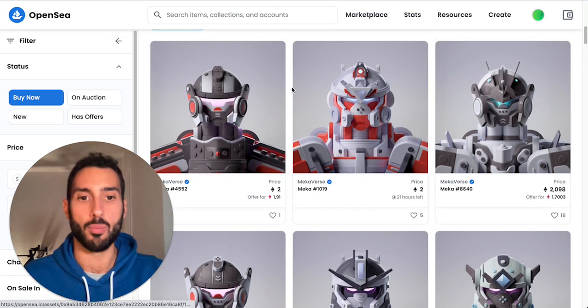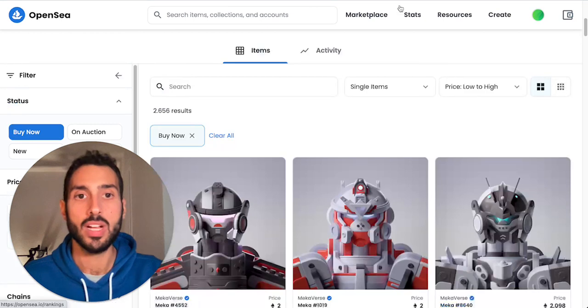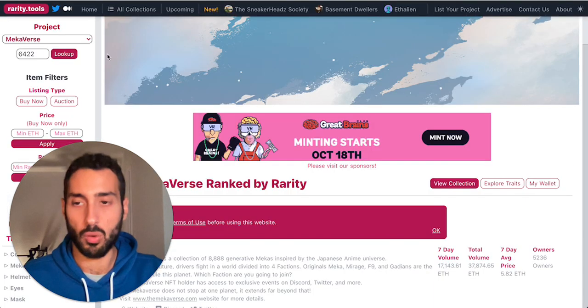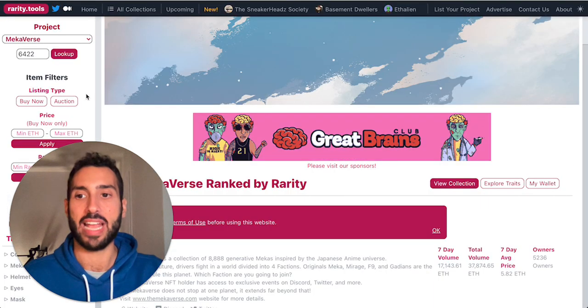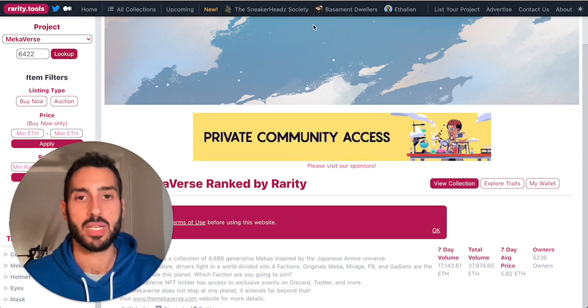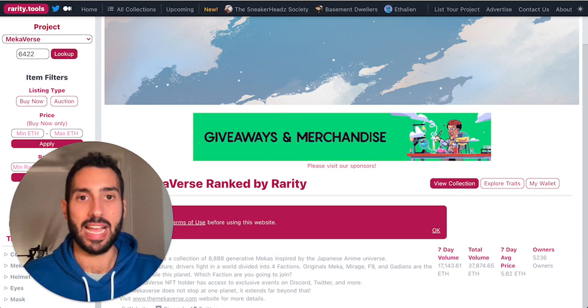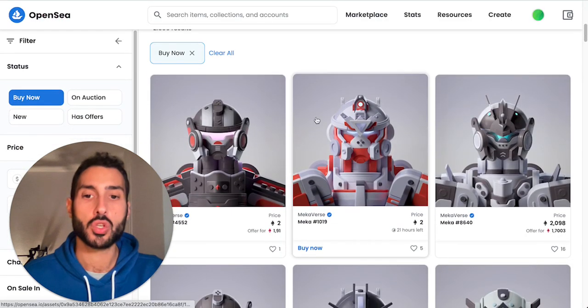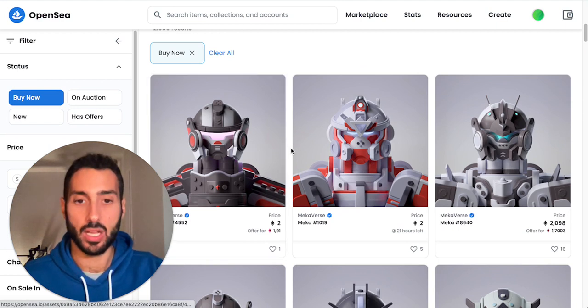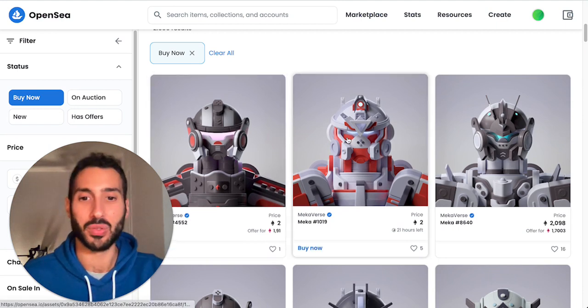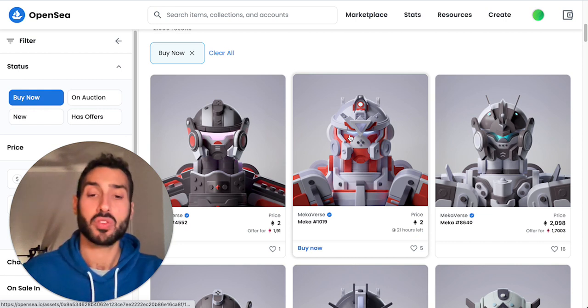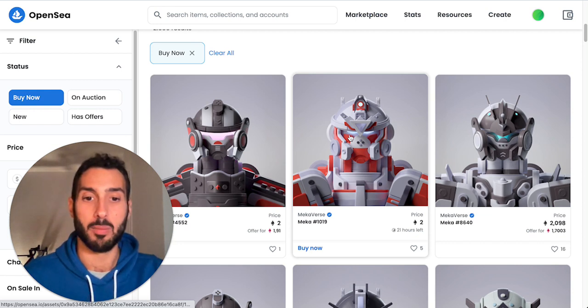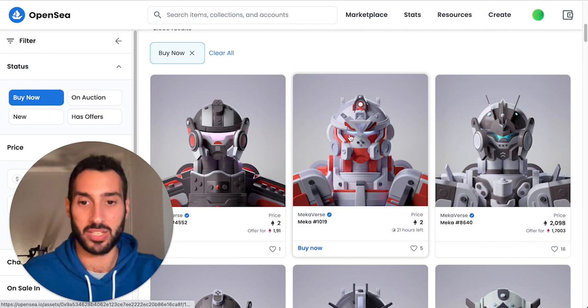So you start opening and exploring a few, and then you go on a website such as Rarity Tools, and you start looking up those particular IDs, comparing rarities, so that you can make an assessment on how much rarity you can get for that price level. Why? Because of course you want to get as much rarity as possible for the price you're paying. Basically, you want to get more bang for your buck.